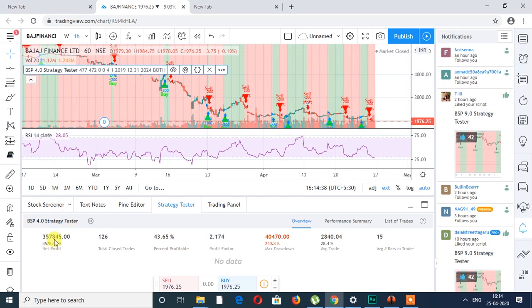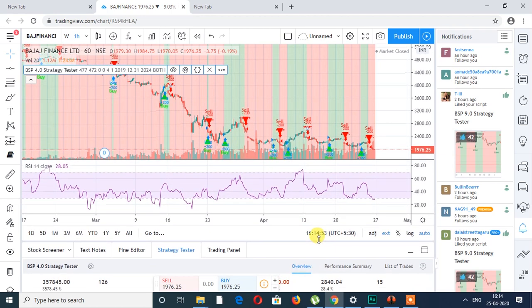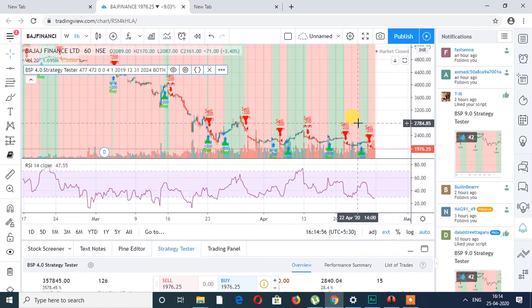You can see this, and there's a profit percent of 43% overall. So Bajaj Finance is still on the sell side.